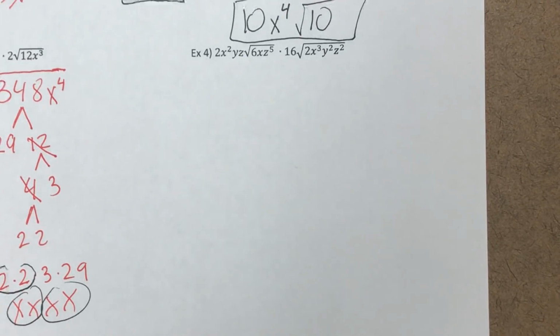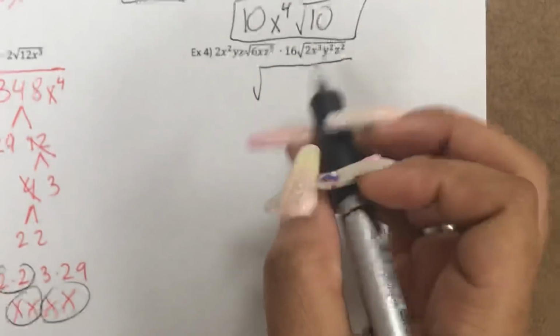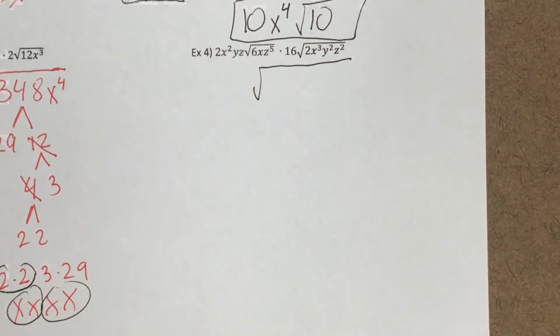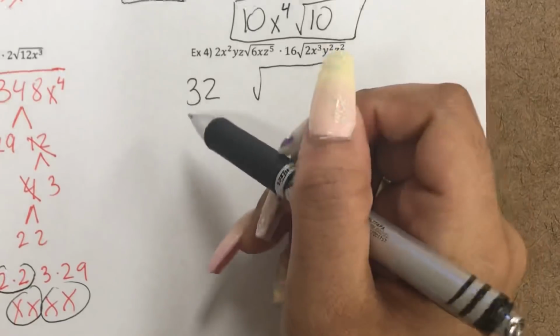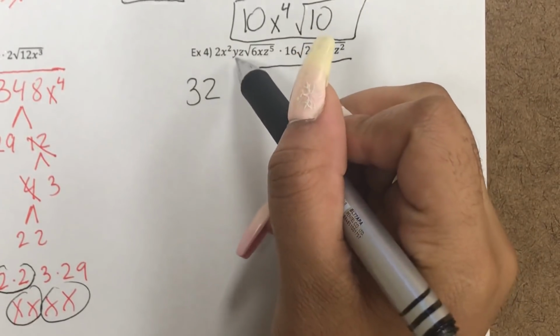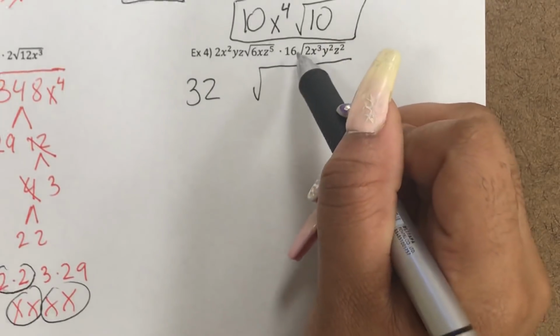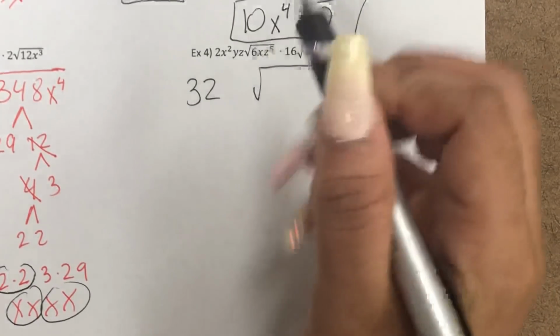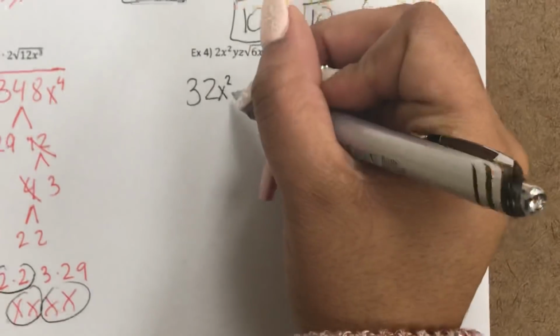Last example. Multiply the outside first. 2 times 16. And x squared, y, z. This one only has a 16. It doesn't have any variables on the outside. So I would just copy this down because I don't have any to combine it with on this side.